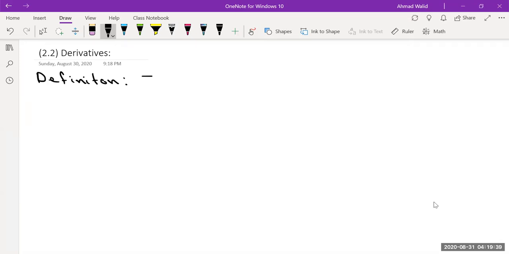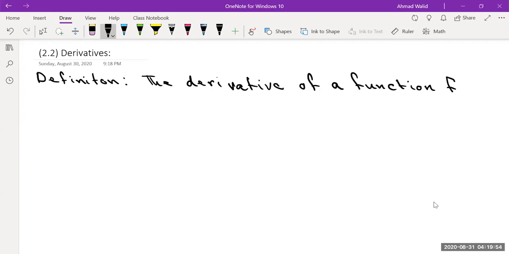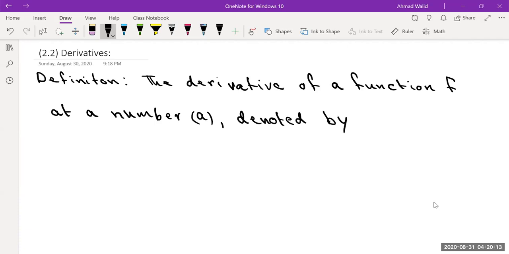The derivative of a function, let's name it f, at a number a, or at a point a, denoted by f prime of a.